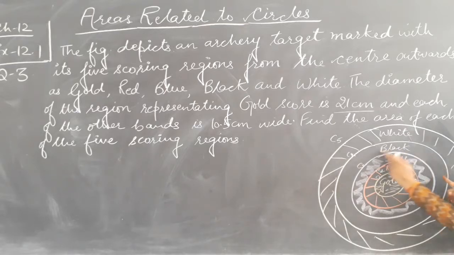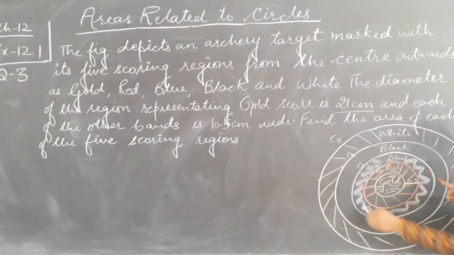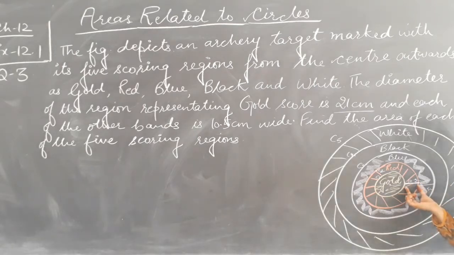Similarly, next band, this blue band is also 10.5 centimeter wide. Similarly, black and white also 10.5 centimeter wide. That means with the help of this width of band, and radius of gold region, we can find all the consecutive radii later on, right? So let us proceed.